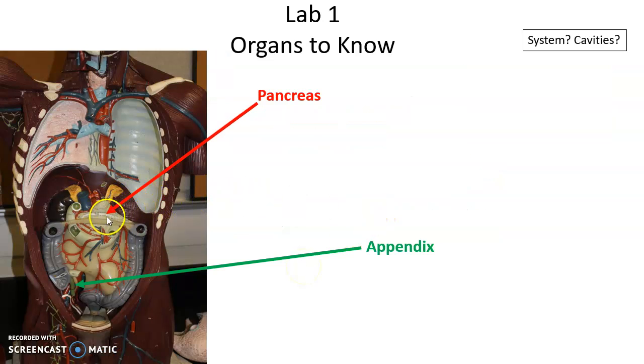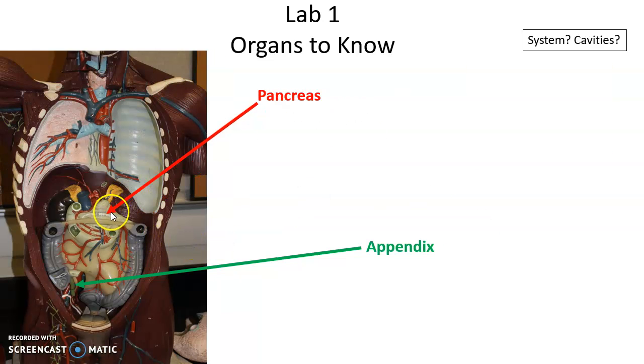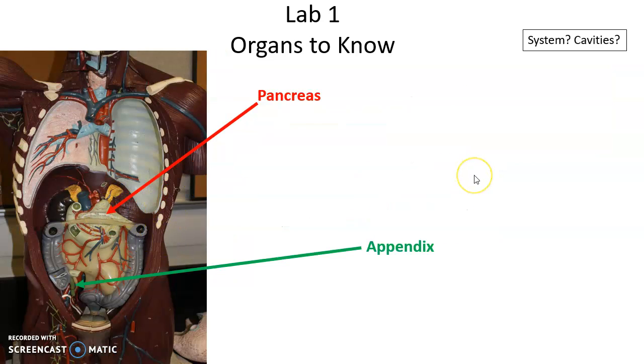Here is the pancreas and the appendix. The pancreas is deep, harder to see, so the pancreas is posterior to the stomach. So the stomach would be here. The pancreas is behind the stomach. Again, here is the stomach. Here is the pancreas. Stomach, pancreas. Do not get them confused. And then down here's the appendix.